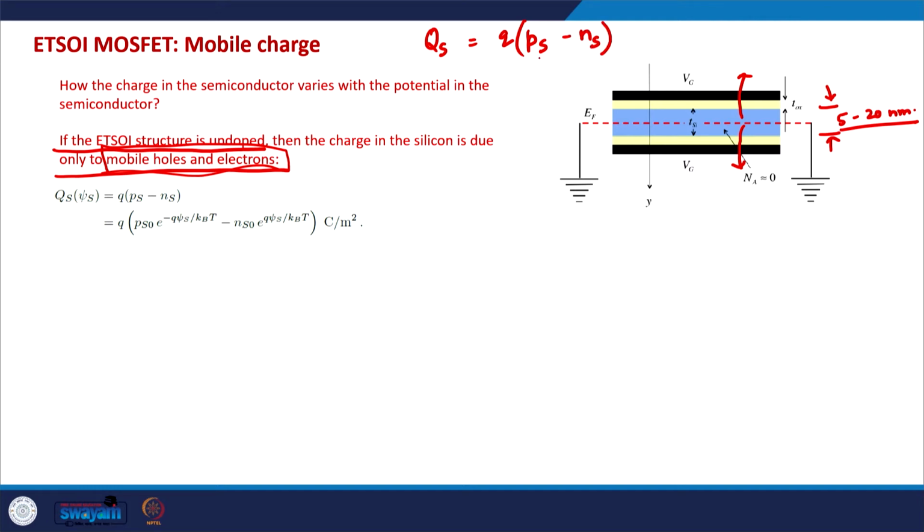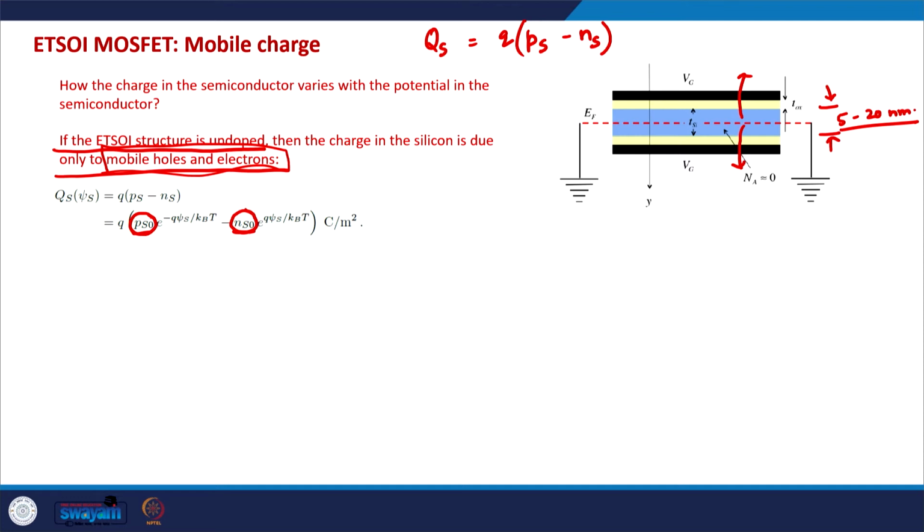Now the number of holes and electrons in the semiconductor are functions of the semiconductor potential. If the number of holes without any semiconductor potential is Ps0 and the number of electrons without the semiconductor potential is Ns0, which means when there is no gate voltage, the number of holes in the system is Ps0, and the number of electrons is Ns0.